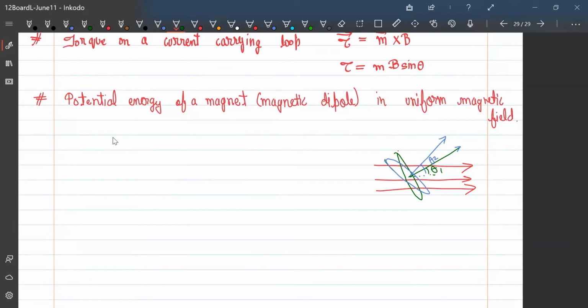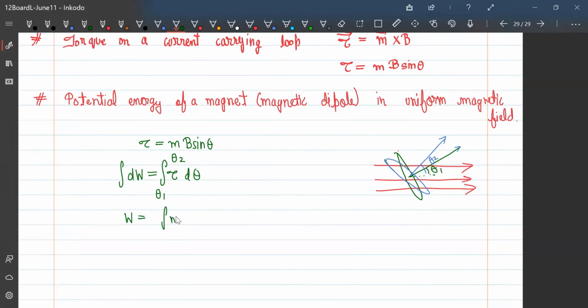So we can write the torque is equal to m B sine theta. What is the work done? Work done in rotating is tau d theta. To calculate the total work done, we can integrate this, when theta varies from theta 1 to theta 2.